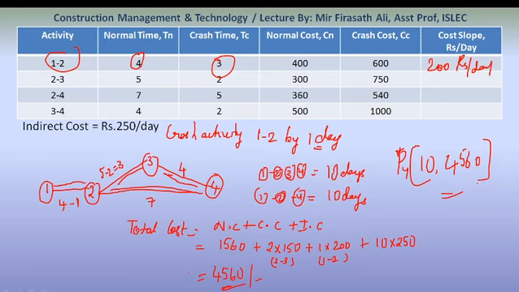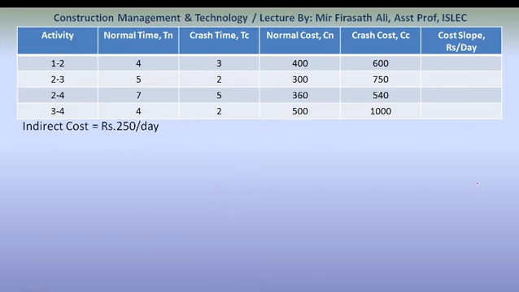After getting point 4, whichever activities we crash further, we need to crash them simultaneously. Now in the next step, let us crash the activities. The critical path should not change.